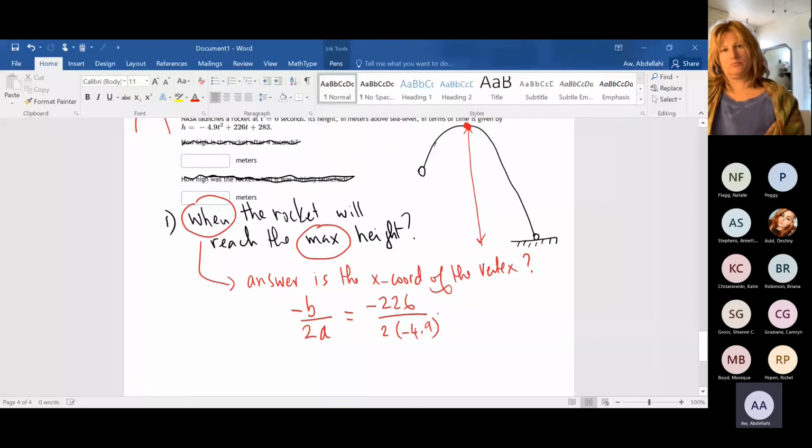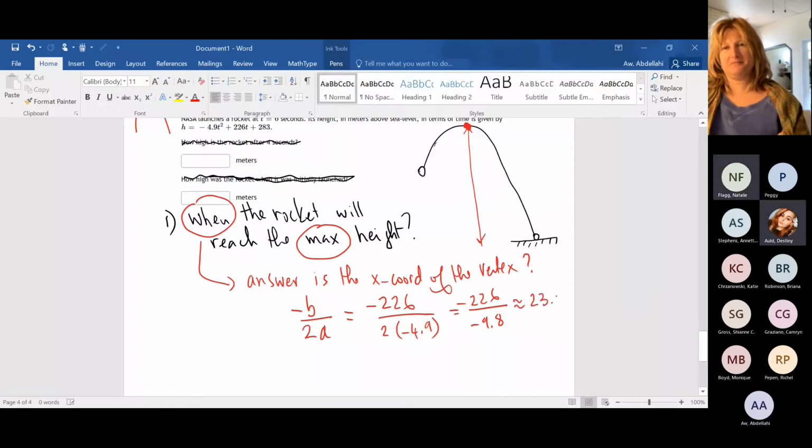Which is negative 226 divided by negative 9.8. And then we do the math. How much is that? It's not a nice number. It's 23.06.